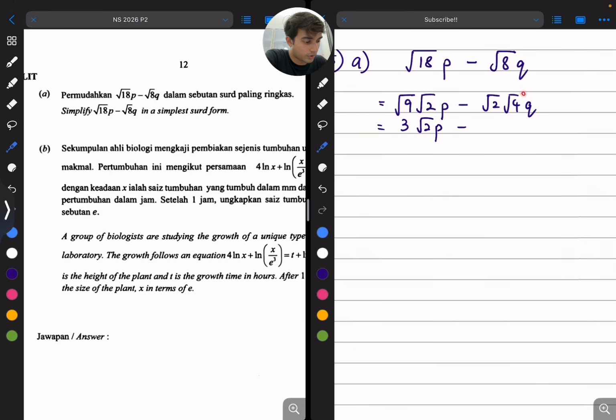Then surd 4 is 2. So I can write 2 surd 2 q. In the simplest form means we try to factor out whichever is similar. So in this case, surd 2 is similar. So I take out surd 2, 3p minus 2q. Done.